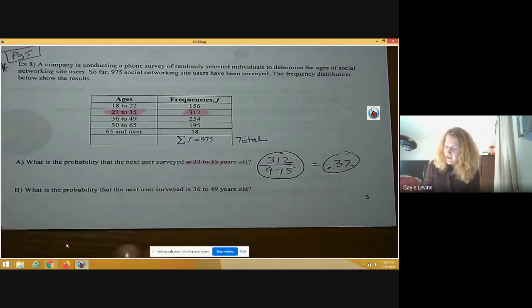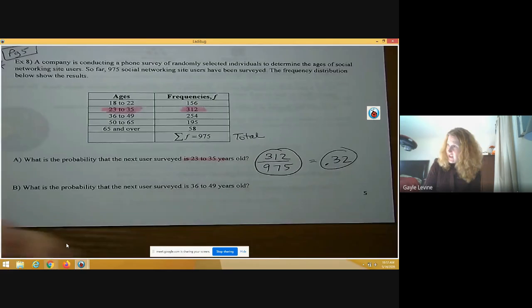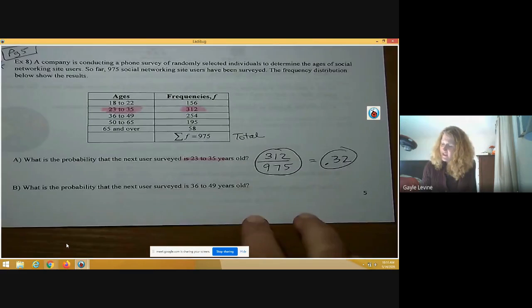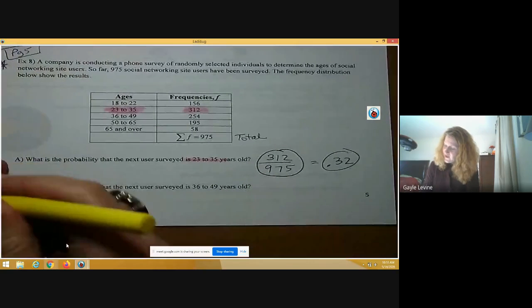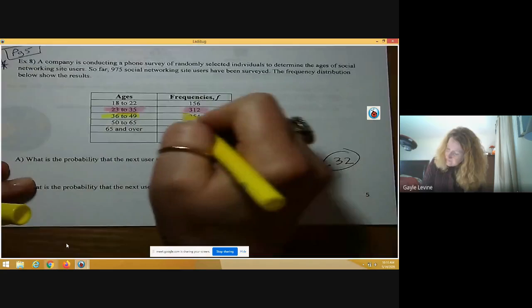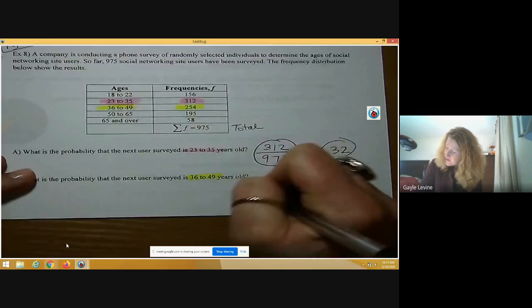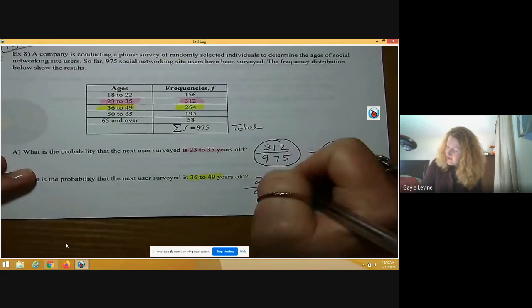All right, and then letter B, what is the probability that the next user surveyed is 36 to 49 years old? So the 36 to 49, I'm going to highlight in yellow. Okay, and now you're looking at 254 individuals out of the 975.